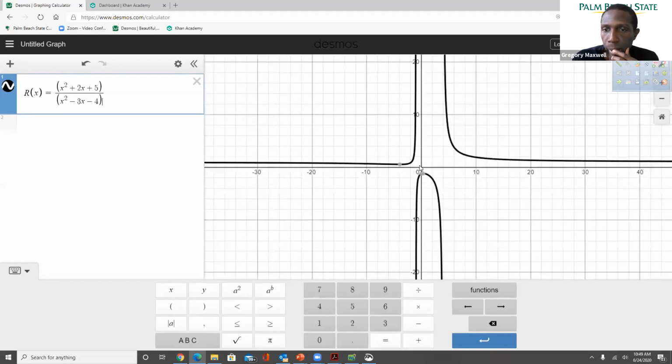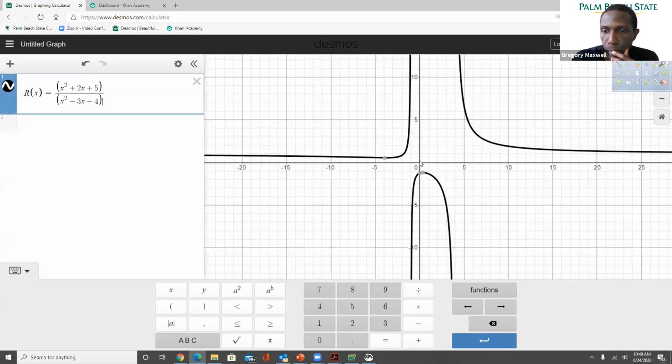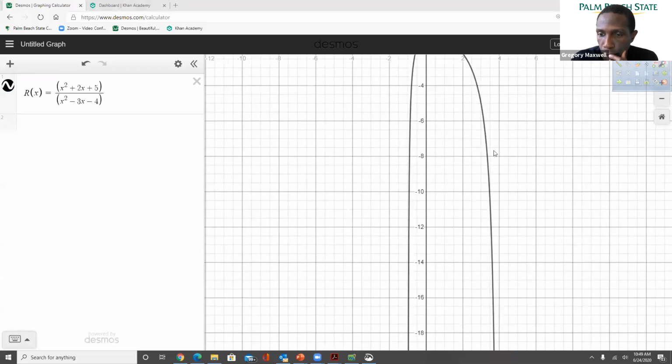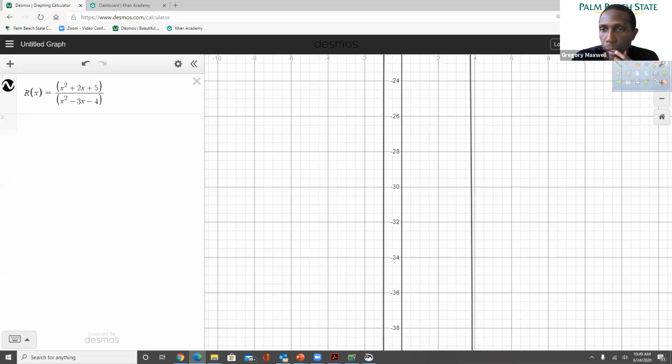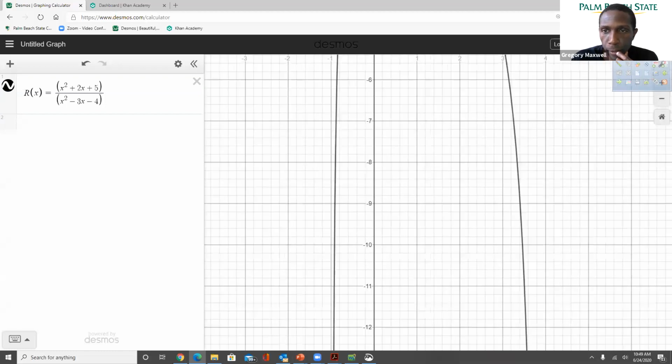And as you can see, there are a couple of vertical asymptotes. One of them should be at 4. See, the graph goes toward negative infinity when you approach 4 from the left. And it goes up toward positive infinity when we approach 4 from the right.